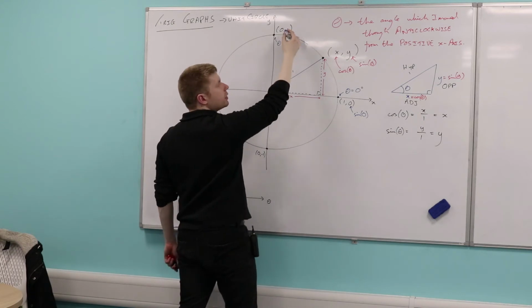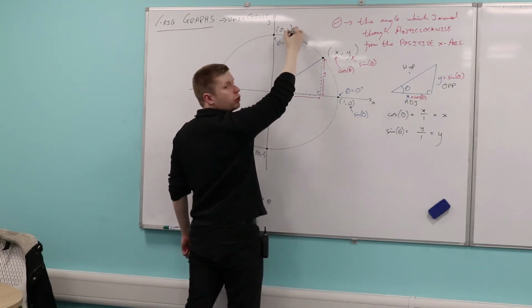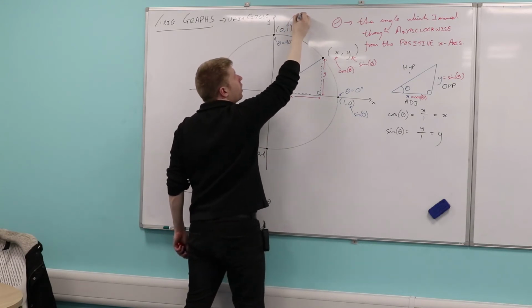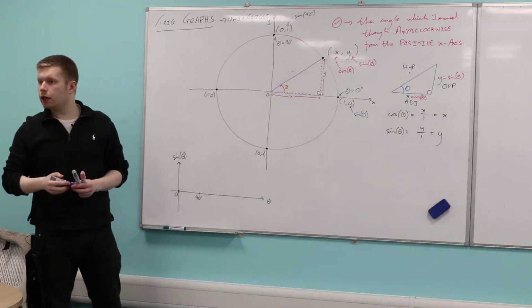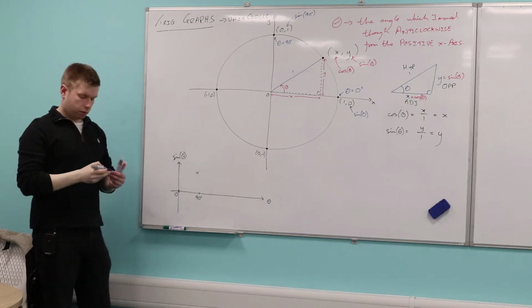It's just simply the y-coordinate. At that point my coordinates are (0, 1). So if I want the sine of 90 degrees, I just need to look at my y-coordinate. So the sine of 90 degrees should just be 1, if that's 1 here.